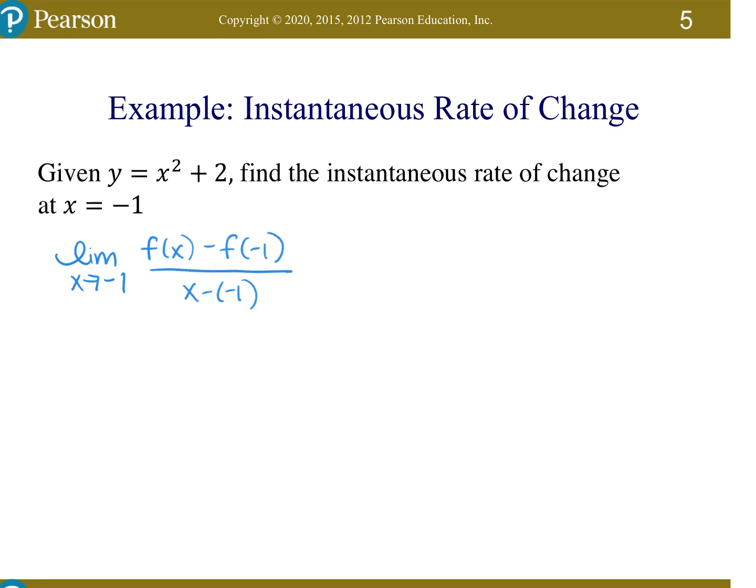Again, if you don't have the limit notation, then you're just doing average. So make sure you keep that limit notation there. Every time you work, you're going to precede your work with an equal sign and the limit. And we're going to say, all right, f of x is x squared plus 2. That's the function. And then minus, and I need to know what f of -1 is if I plug -1 into the function.